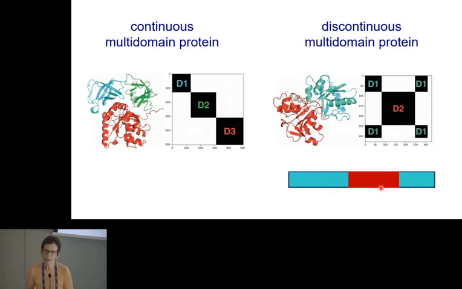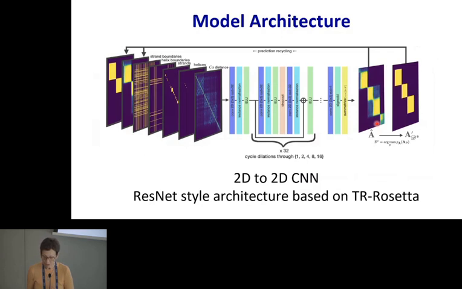It's really difficult to find these instances by sequence-based techniques, but structure shines a good light on these, and you can see this contact map pattern is very different from that of a continuous multi-domain protein. So these techniques were very helpful in segregating these different types and also identifying the domain regions. And again, we did use a number of other features. I won't go into detail because it's all published.